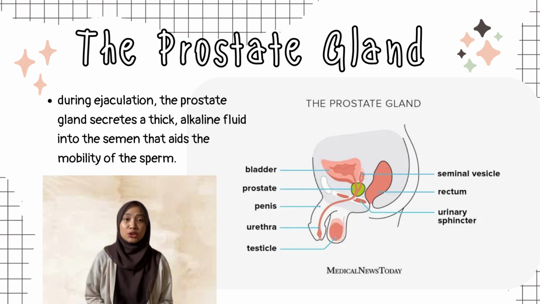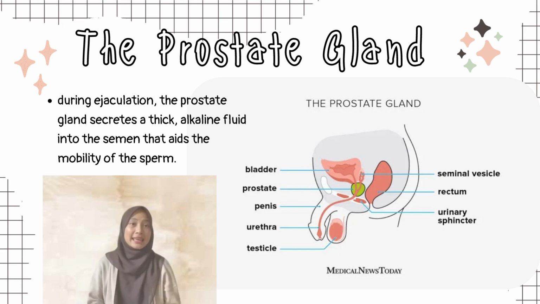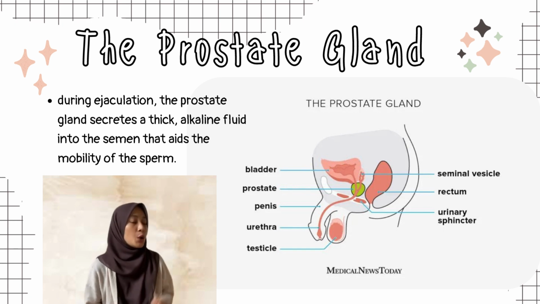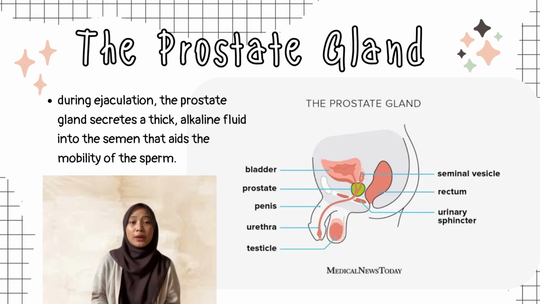It functions during ejaculation. The prostate gland secretes a thick alkaline fluid into the semen that aids the mobility of the sperm. As you can see in the picture, the prostate gland is under the bladder, which is the green one, located between the urethral tube and the bladder.